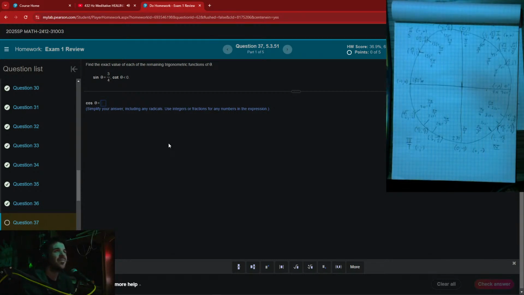Find the exact value of each of the remaining trigonometric functions of theta. Sine theta equals 3/4. Cotangent theta is less than 0. Okay, so we just gotta remember we're in the second quadrant.